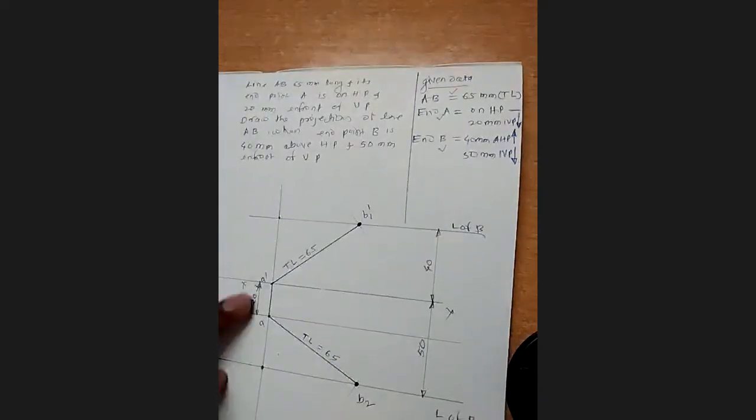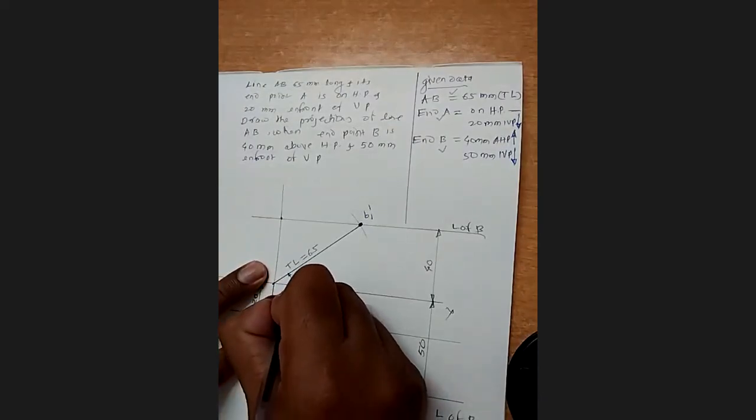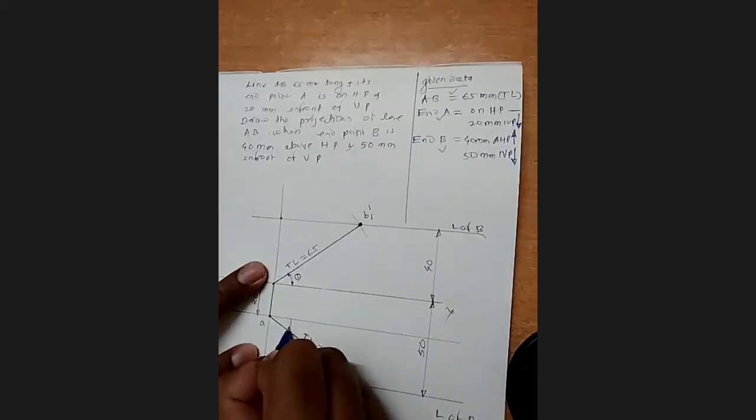Okay. On getting these two lines, we are going to get inclination with HP and inclination with VP. It is not given, but with these conditions, we will get these angles. So let's say theta, phi. Now we have to follow the usual procedure and try to get the answer, meaning the final front view and the final top view.